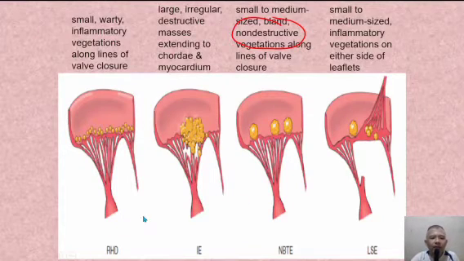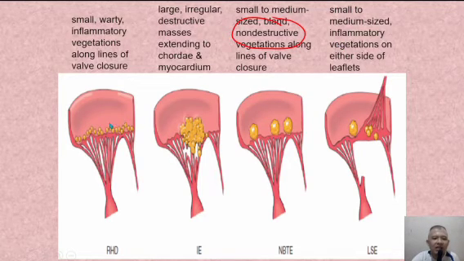These are the endocarditis that were mentioned a while ago, and just take note that it's the marantic endocarditis and the rheumatic endocarditis, rheumatic heart disease, that are non-destructive, and the infectious endocarditis and the Libman-Sacks are the destructive ones.